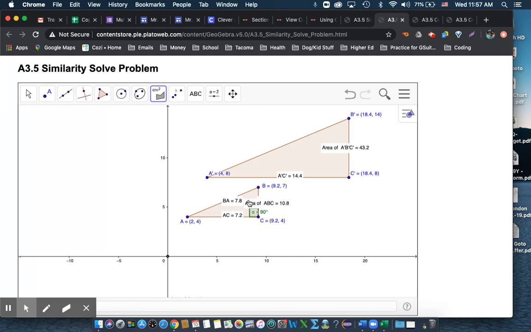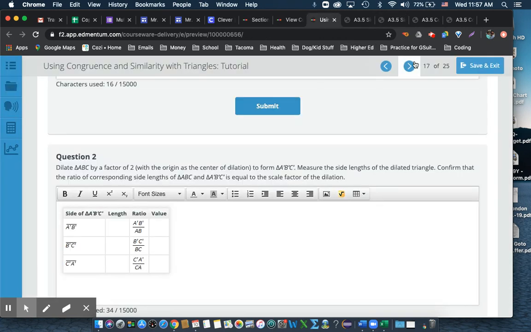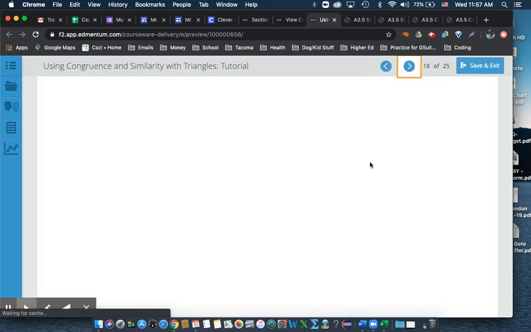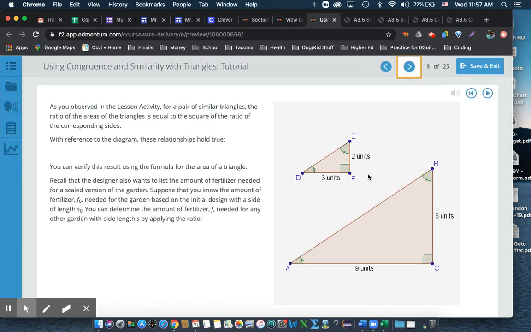So it's the ratio squared. So guys, I talk about that in the mastery test notes. But that's also referred to if you click on this next slide right here, slide 18, that's going to give you that information. Whatever the scale factor is, you square that to get the ratio of the areas.